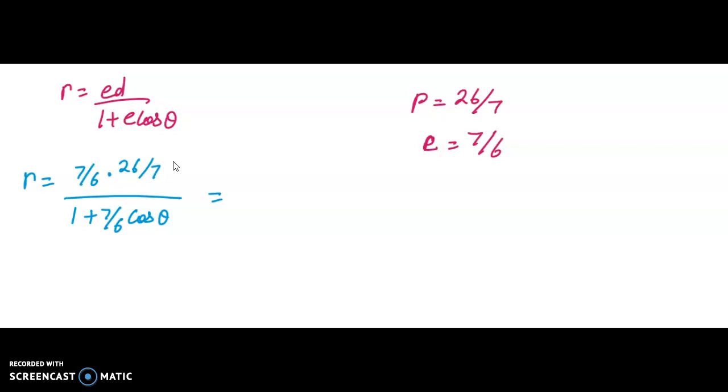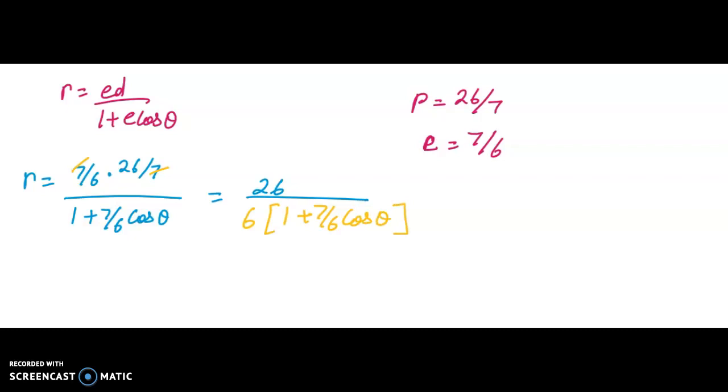So we will get 26, and because 7 and 7 will cross off, the 6 will go in the denominator. So 6 is in the denominator, and then we have 1 plus 7/6 cos theta.